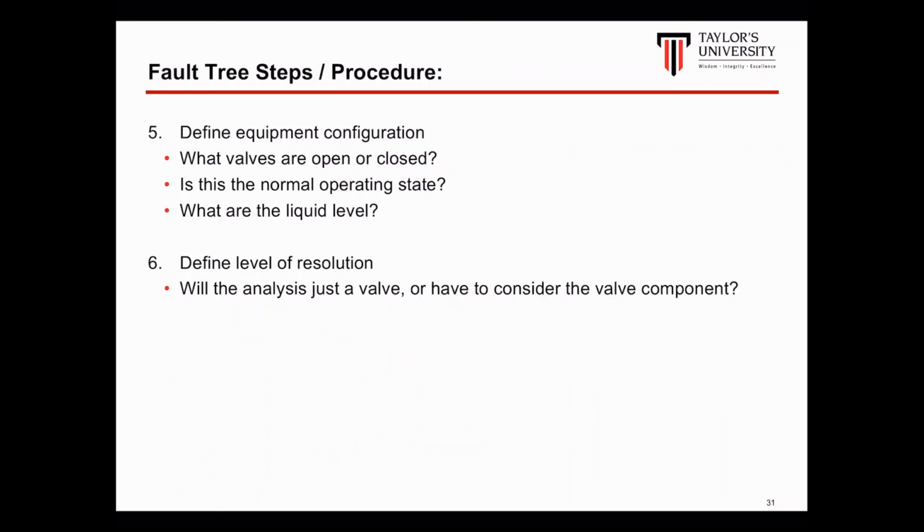Then we look at the equipment's configuration: what valves are open, closed, what are the normal operating states, what are the liquid levels. Then we define the level of resolution, meaning how deep you want to go. Do you want to stop at, for example, the valve, or do you want to go into every small component in the valve, like O-rings or the bellows?